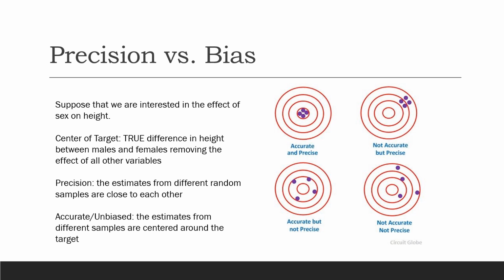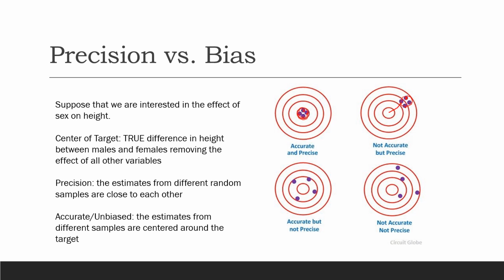Now, if we look at the targets over here to the left, in the top left corner we can see all of the results are close together from different samples, so that would mean that they're precise, and they're also centered around the middle of the target, which means they're also accurate or unbiased. Moving over to the top right corner, we see results that are close together, so they're precise, but since they're off center from the target value, this indicates that they're biased.